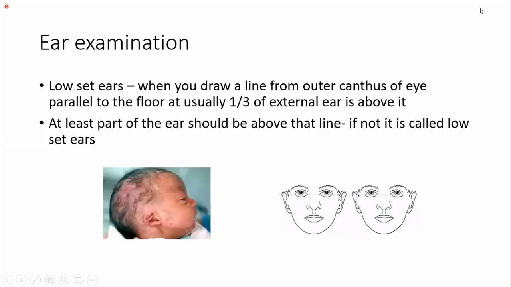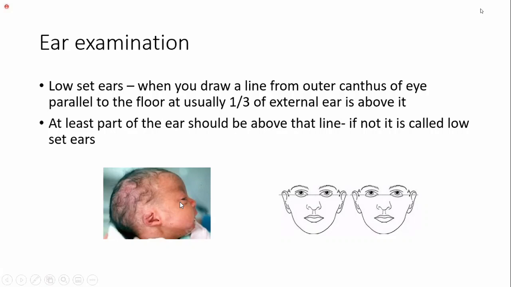But if nothing is above that line, then you call it a low set ear. Here you can see in this child, the entire ear is below that line. So that indicates a low set ear.